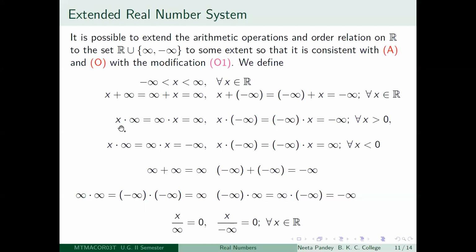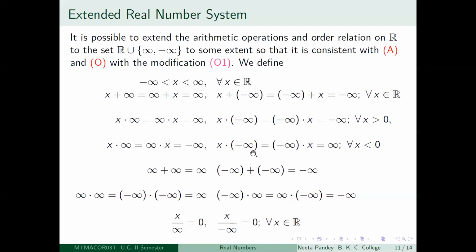Similarly, if I take multiplication, then we know that multiplying by a negative number changes sign. So keeping that in mind, if x is a positive number and you multiply it with infinity, you should get infinity. There is no problem. If you multiply a positive number with minus infinity, you will get minus infinity. That will be a rule. But when you multiply infinity by a negative number, you should change the sign. So negative number times infinity will be minus infinity.